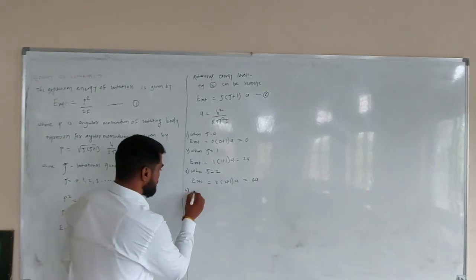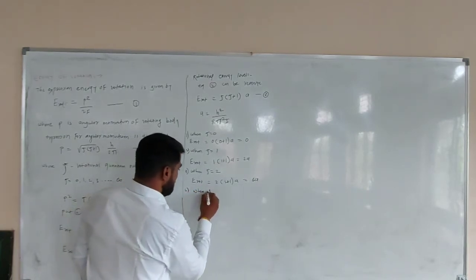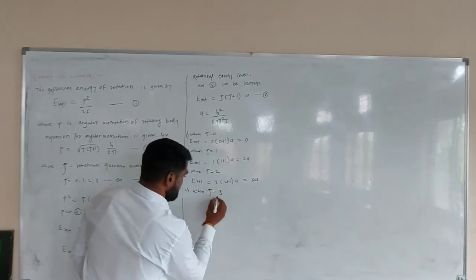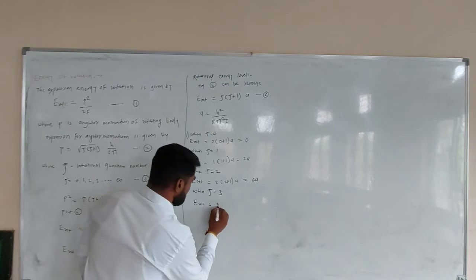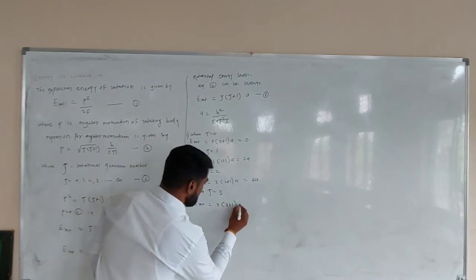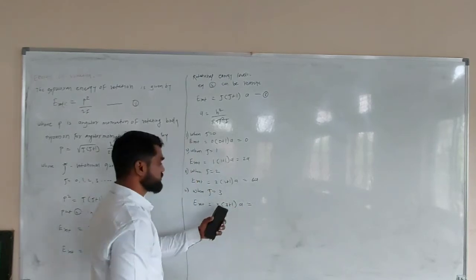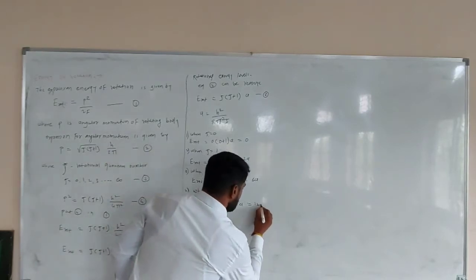Case 4, when J is equal to 3, the energy of rotation is 3 into 3 plus 1 into A, that is 4 into 3, 12A.